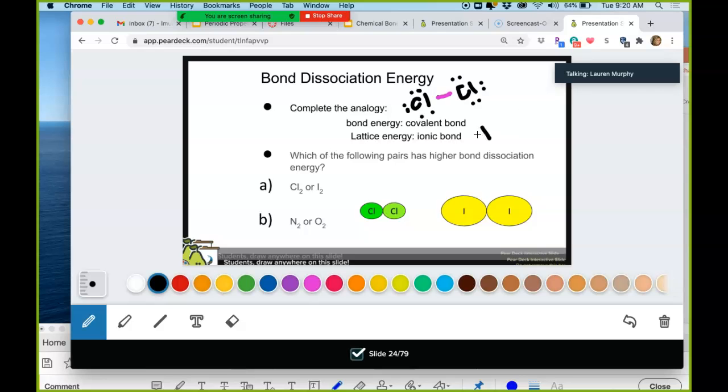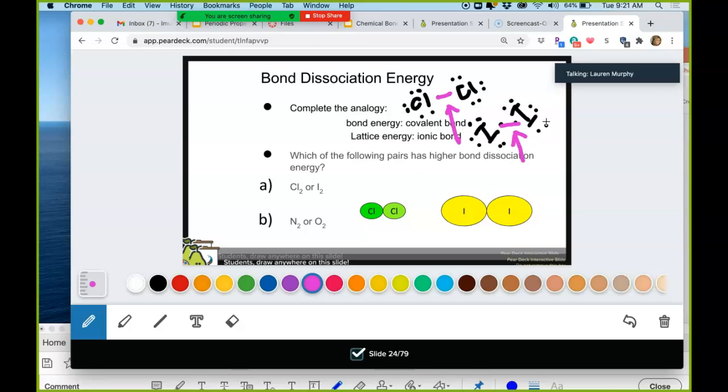Iodine also has 7 valence electrons. These are both halogens. 1, 2, 3, 4, 5, 6, 7. Iodine. 1, 2, 3, 4, 5, 6, 7. Sorry, that's kind of ugly. Okay. Single bond, single bond.